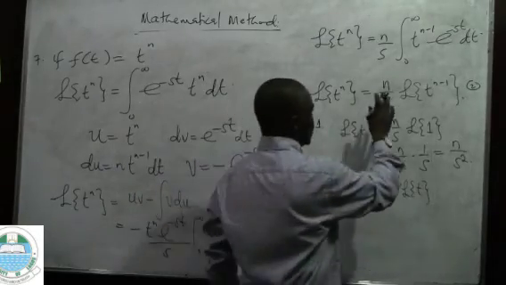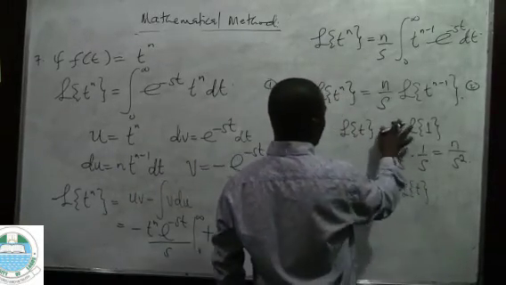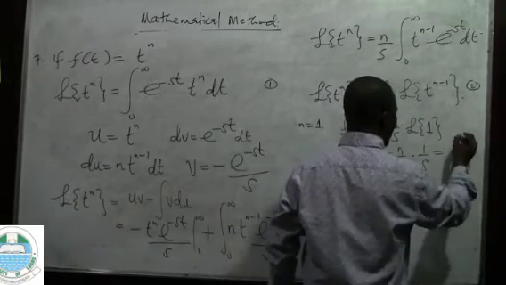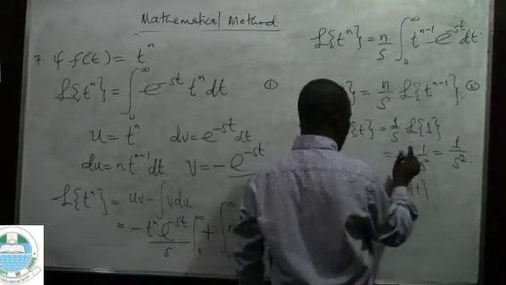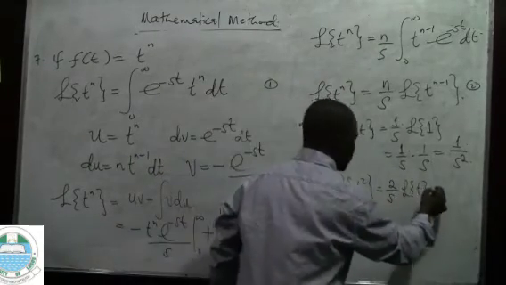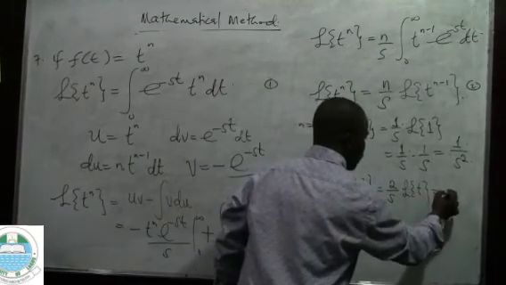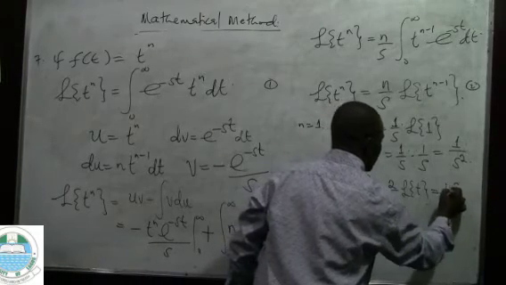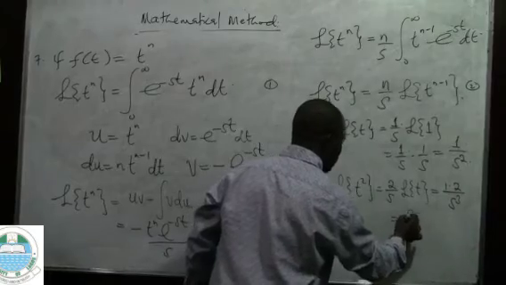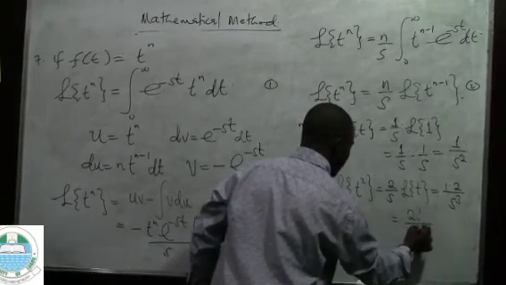Sorry, there's a mistake. I'm supposed to substitute 1 here, and this is supposed to be 1, not n. There's a value for it. So which will give us 1 times 2 divided by s raised to power 3, which can now be written as 2 factorial divided by s cube.